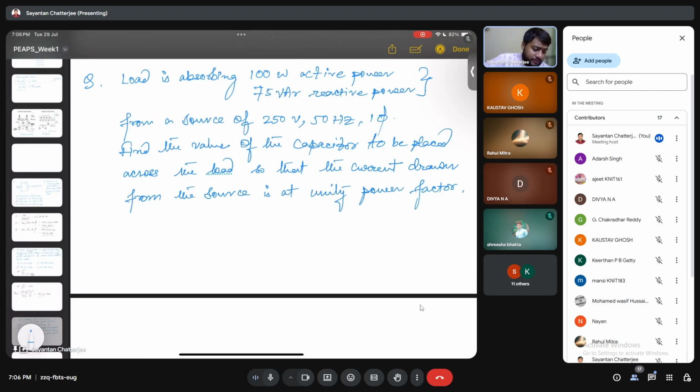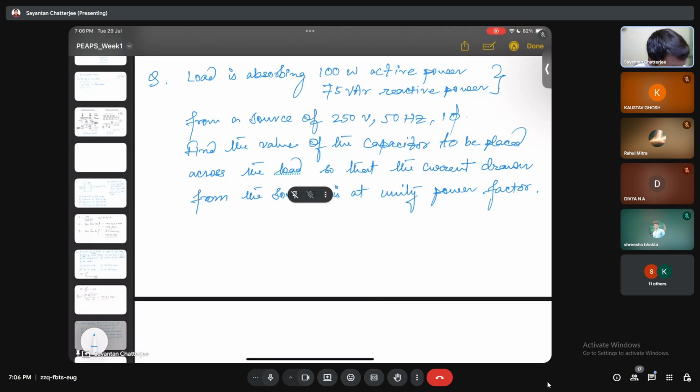So I guess the question is clear. A load is absorbing 100 watt of active power and 75 VAR of reactive power from a source of 250 volt 50 hertz single phase supply. So find the value of the capacitor to be placed across the load so that the current drawn from the source is at unity power factor.